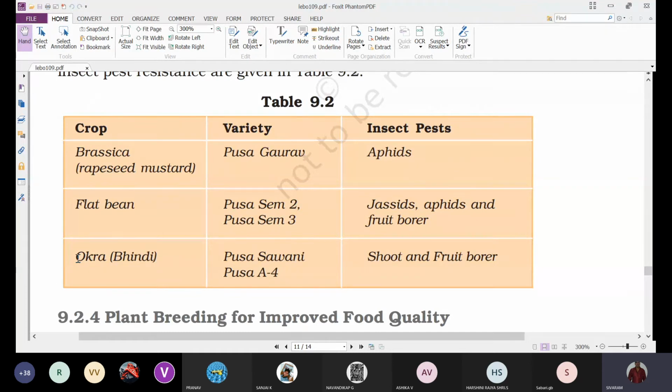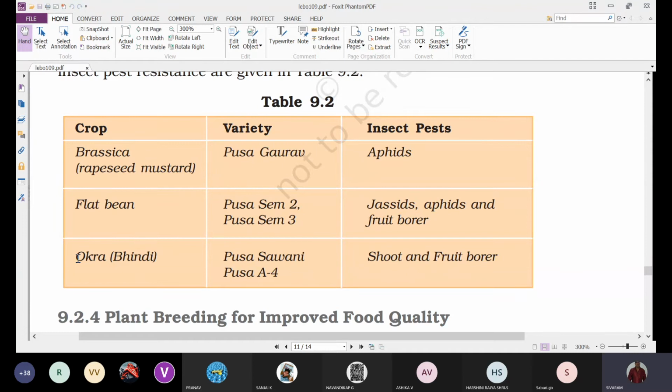In these they developed resistance against two insects: one is the shoot borer and another one is the fruit borer. They developed resistance against the shoot and fruit borer in these two varieties, Pusa Savani and Pusa A4 of bindi, or okra.